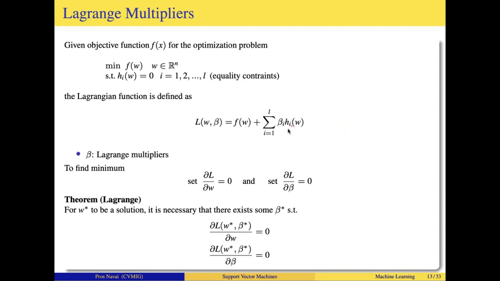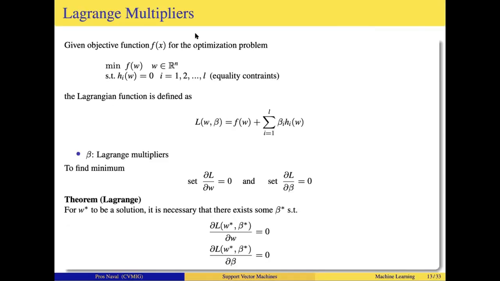More precisely, you have the following theorem by Lagrange. When you see a star here, it means optimal. For w star to be a solution, it is necessary that there exists some beta star such that this gradient is equal to 0, and also the gradient with respect to beta is equal to 0.